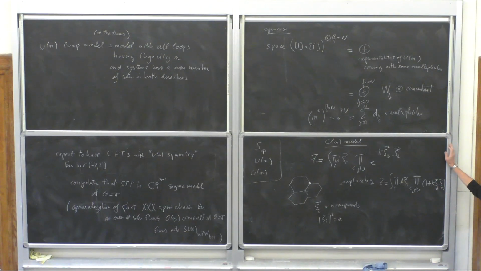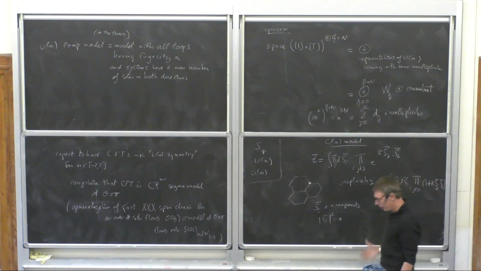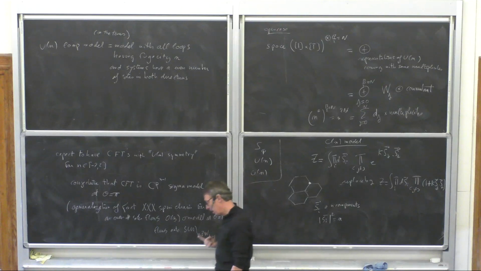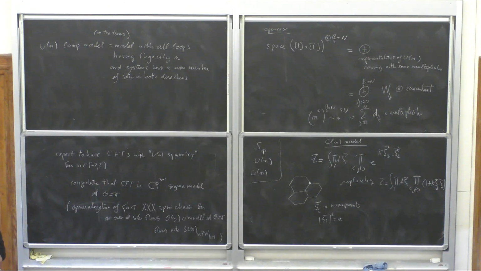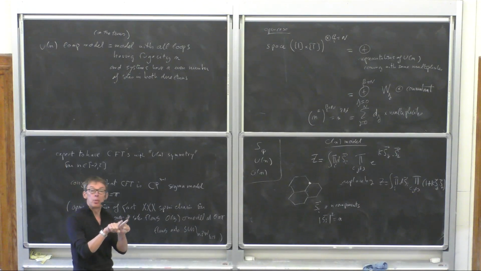So we're going to replace the exponential by just the first term. When doing this, we are oversimplifying the model, but we are keeping the crucial fact that the model is O(N) symmetric and that the model favors spins being aligned, right?